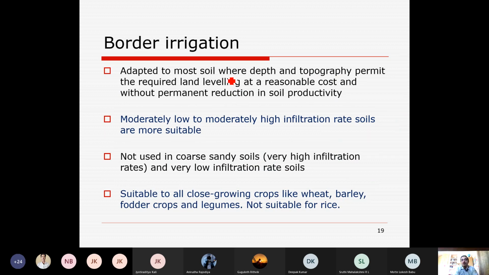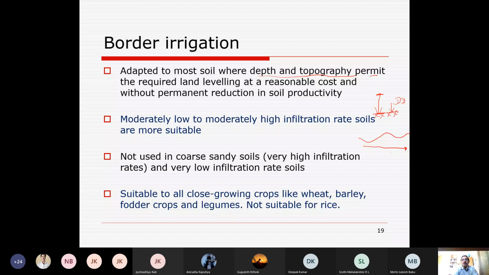This is basically adapted to most soils where depth and topography permit, meaning the soil must have sufficient depth. Why are we discussing this? Because maybe there is a hard pan or rocks which do not permit water to go down, so it only fills to a particular point. So this is adapted to most soils where the topography is not undulating, but has a very gentle or minimal slope towards the down end of the field.